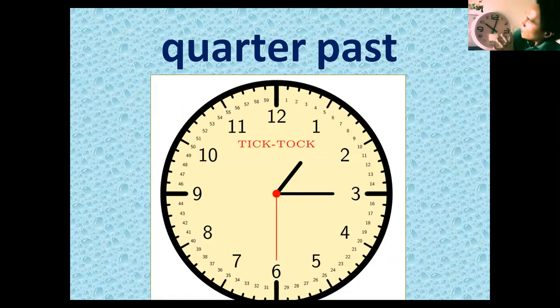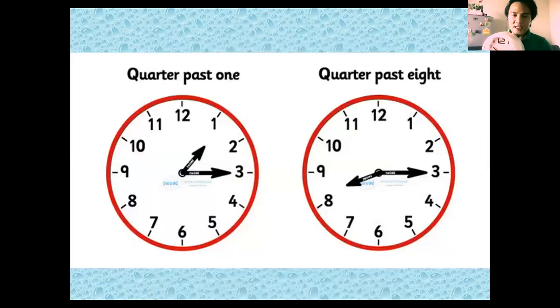When the long hand is pointing to 3, that is quarter past. Now, in this next picture, these are examples of quarter past.